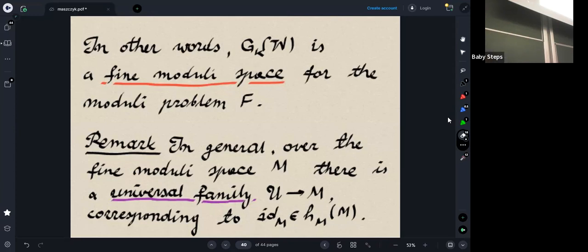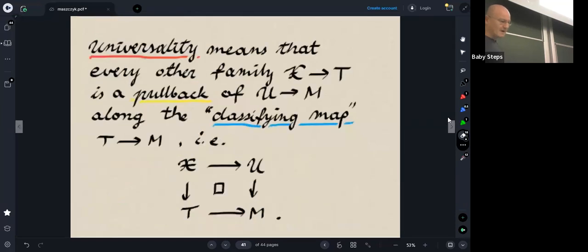So this distinguished element also distinguishes a universal family over this moduli space. In our example of the Grassmannian, it can be easily described.